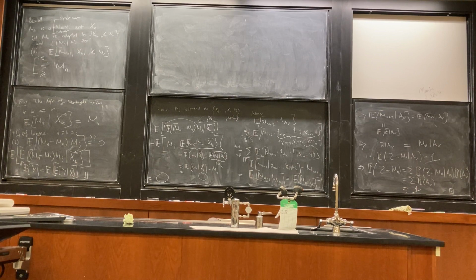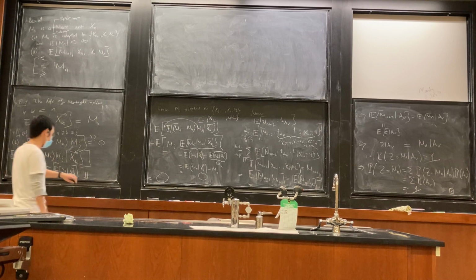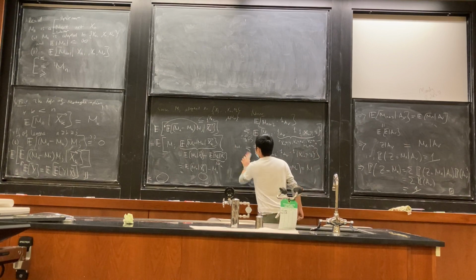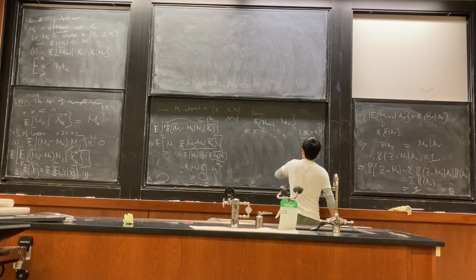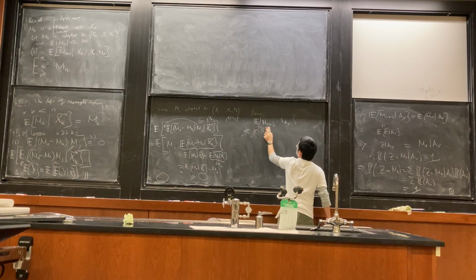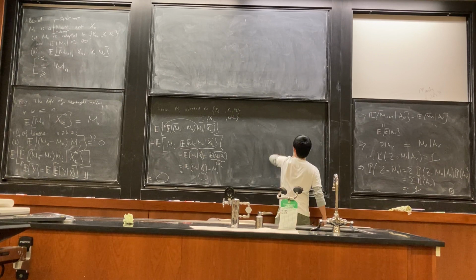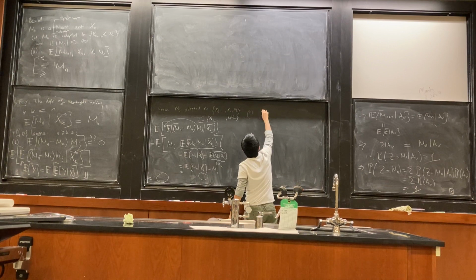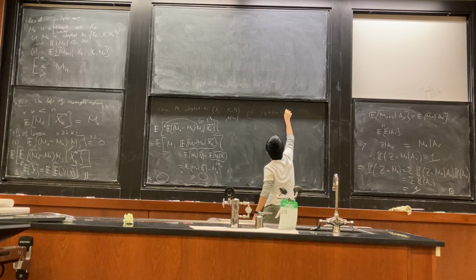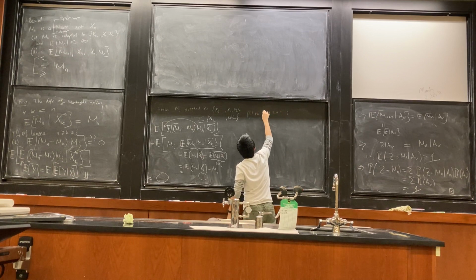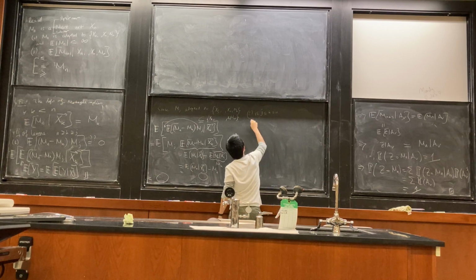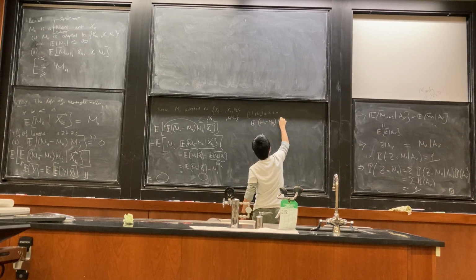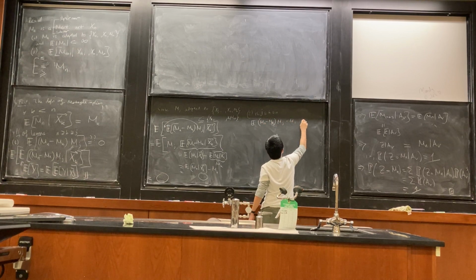Okay. And as a consequence, maybe for the sake of completeness, as a consequence in part 2, if I have i less than j, then the expected value of M_n minus M_k times M_j minus M_i is 0.